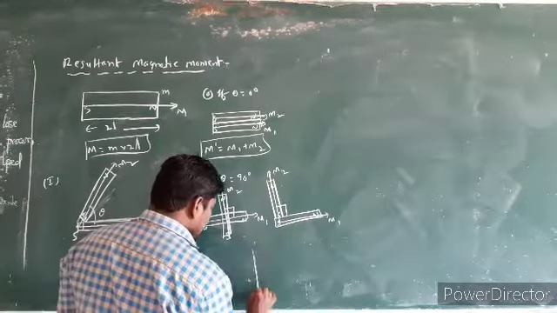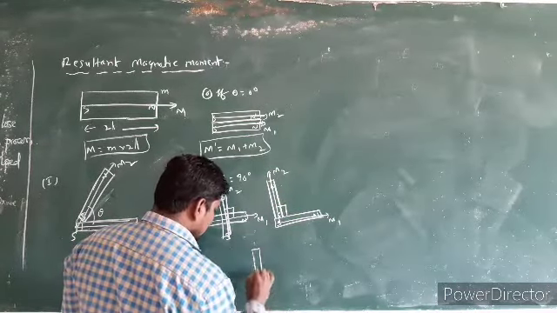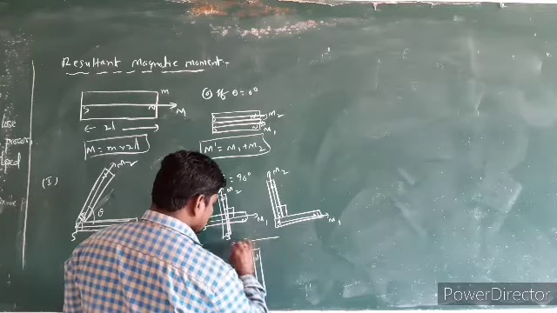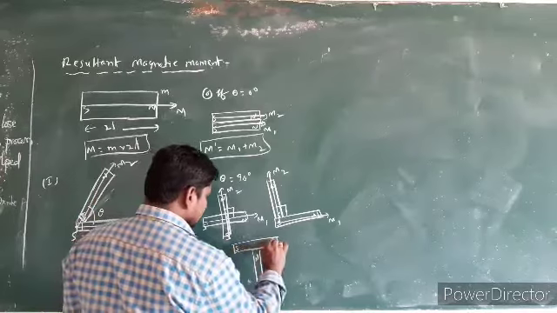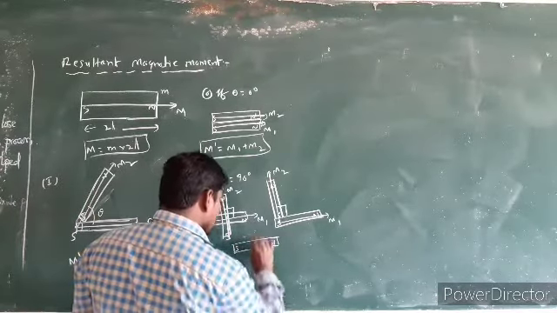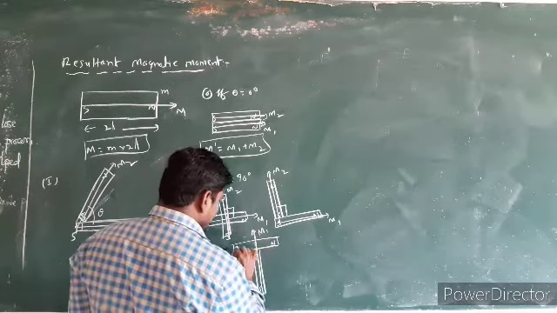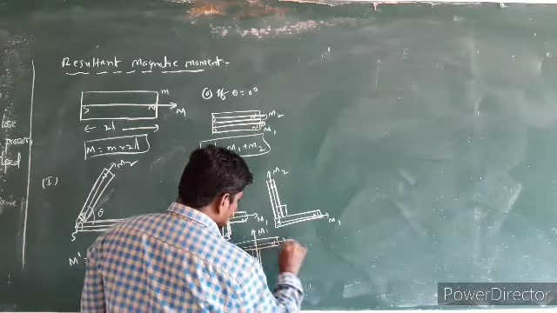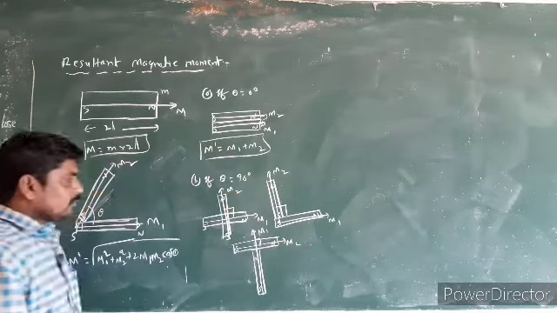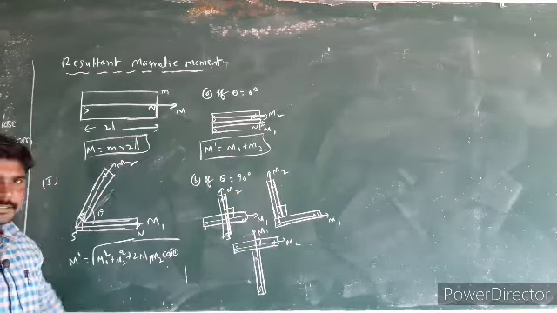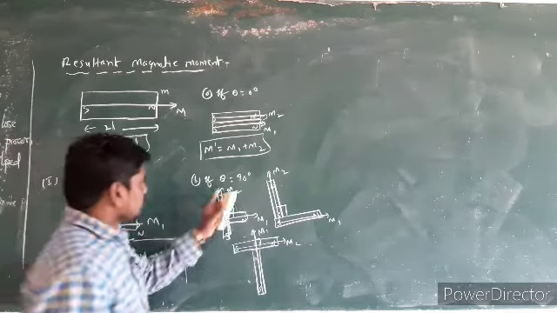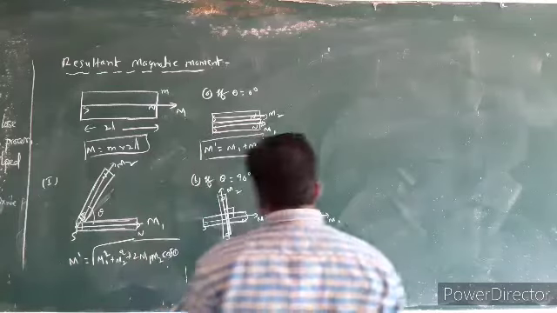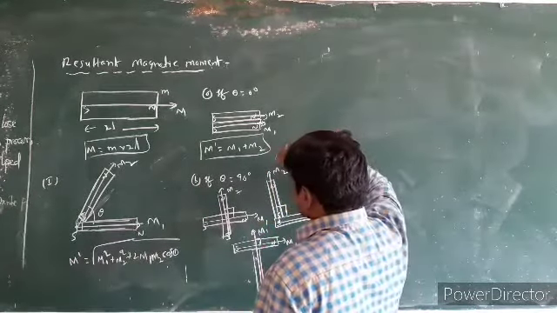Another arrangement is also there: two magnets arranged perpendicular like this, with magnetic moments M1 and M2. Here also the angle between M1 and M2 is 90 degrees. The three diagrams represent the same case, where the angle between the two magnetic moments is 90 degrees.